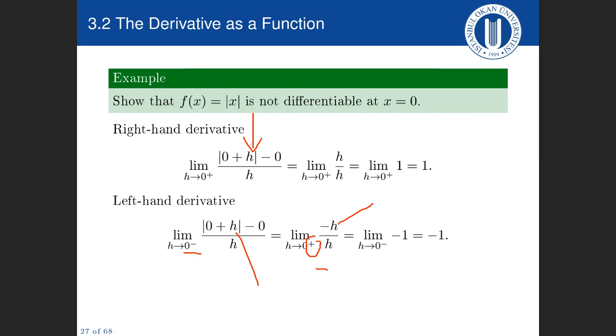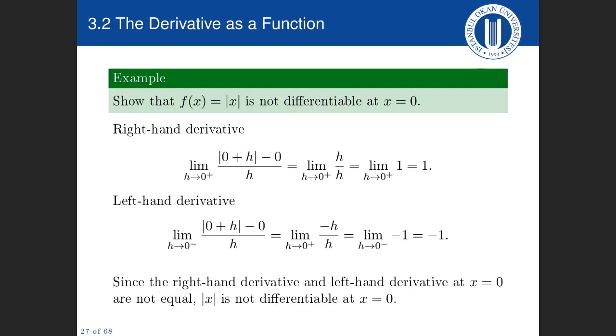We're just doing the limit of minus 1, which is equal to minus 1. Because the right-hand derivative and the left-hand derivative at x equals 0 are not equal, that tells us that the limit as h tends to 0 does not exist. That tells us that our absolute value of x function is not differentiable at x equal to 0.